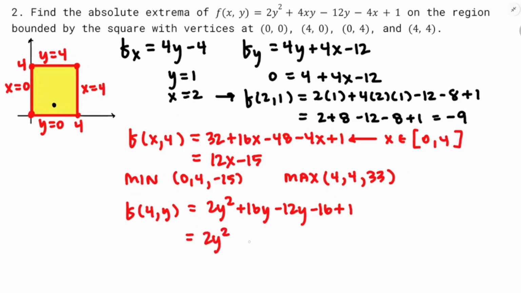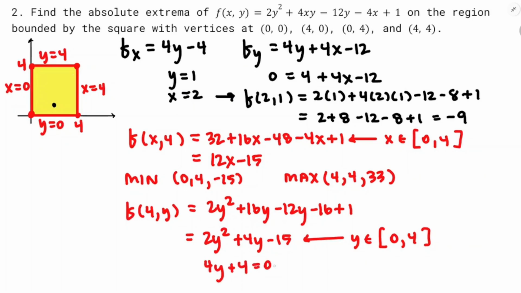So I got 2y squared plus 4y minus 15, and y is on the interval 0 to 4. Right, so the critical point of this one, the minimum location, because it's an upward facing parabola, is going to be where 4y plus 4 equals 0. That would be where y equals negative 1, so I don't even care about that. That's outside of my interval. That's great for me.